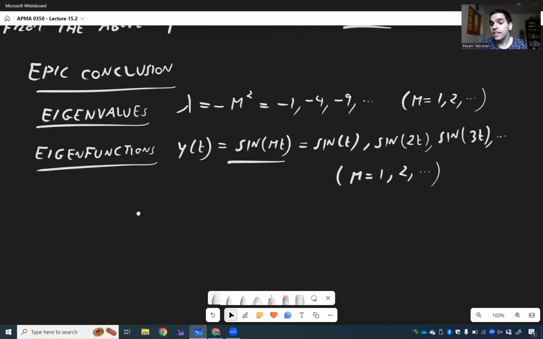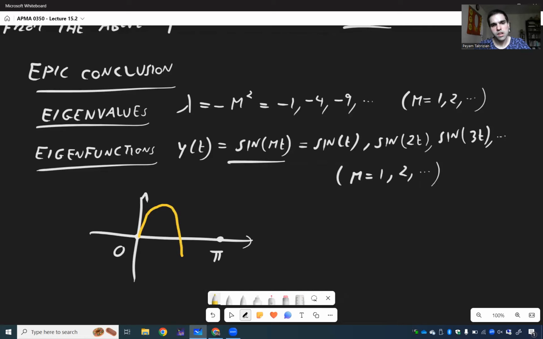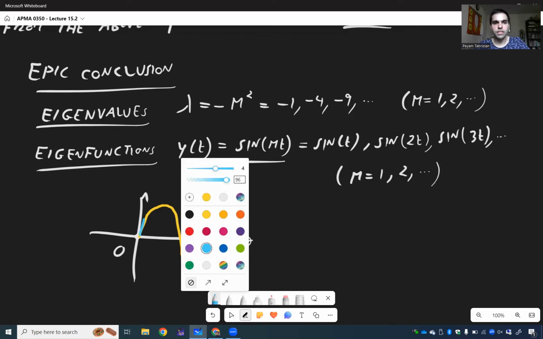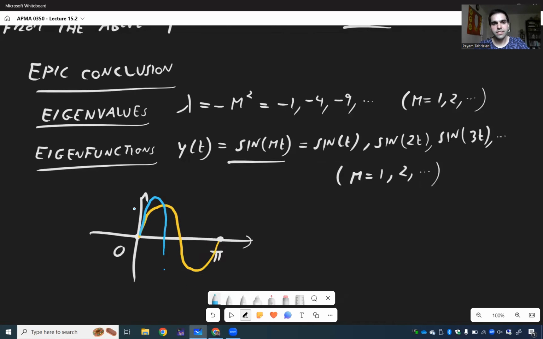And last but not least, why is this called an eigenvalue and eigenfunction? By the way, if you want a picture, you can look at the following. So sine of t looks like this. Sine of 2t goes like this twice.